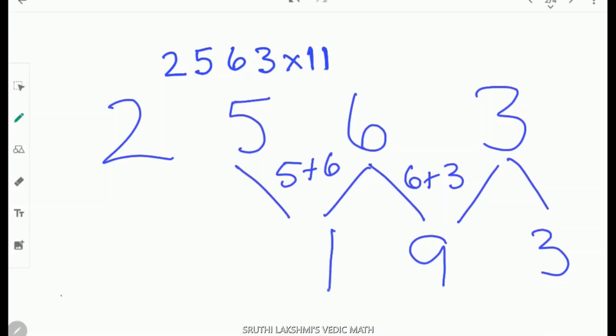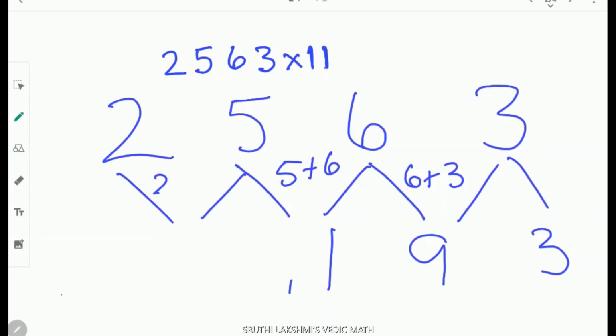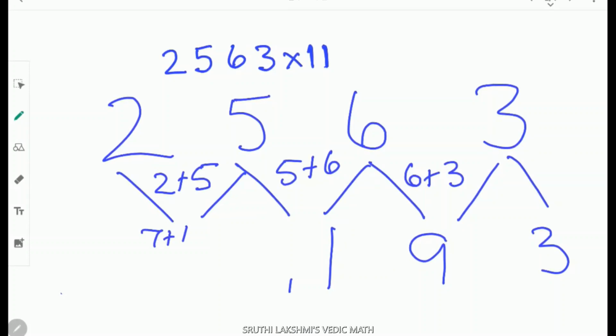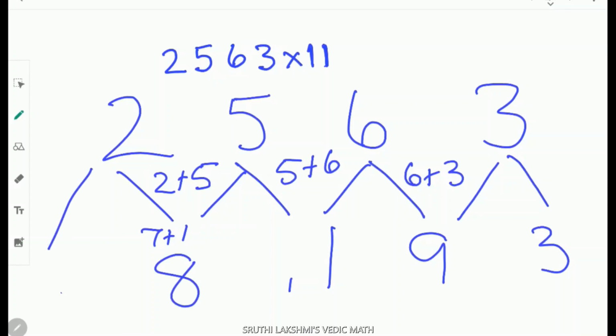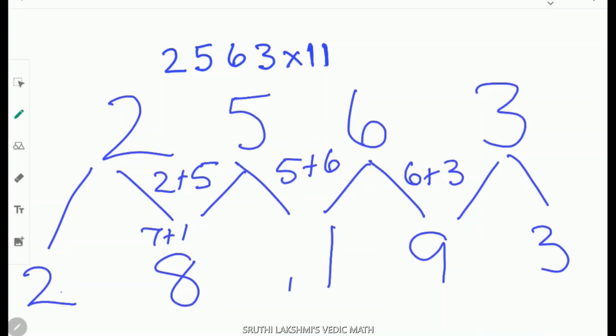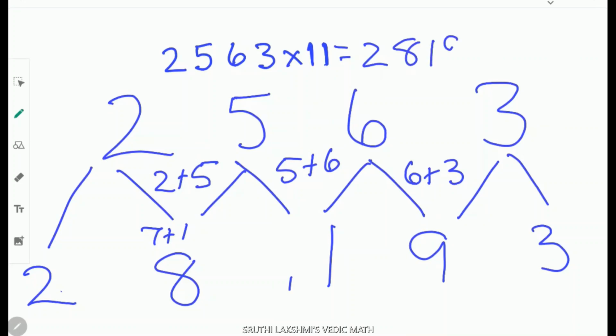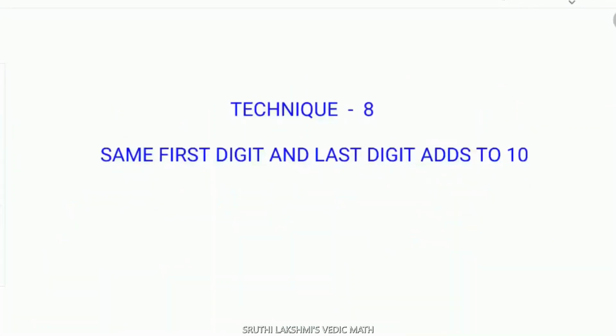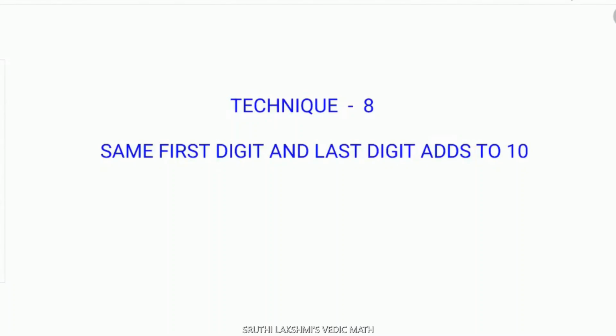Write 1 over here and carry the other 1. Next, add 2 plus 5, which is 7. Remember the carry, so 7 plus 1 is 8. Write 8 over here. Next, write the 2 as it is. The answer for 2563 times 11 is 28193.